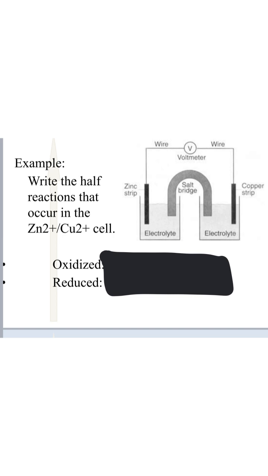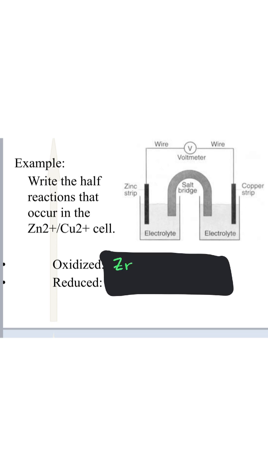All right, so again, let's do this. We have zinc 2 plus and copper 2 plus in our cell, and it wants us to write the half reactions for this. So again, we need to figure out on our chart which one is higher, zinc or copper. In this case, you'll notice that zinc is higher. So zinc is going to be losing electrons.